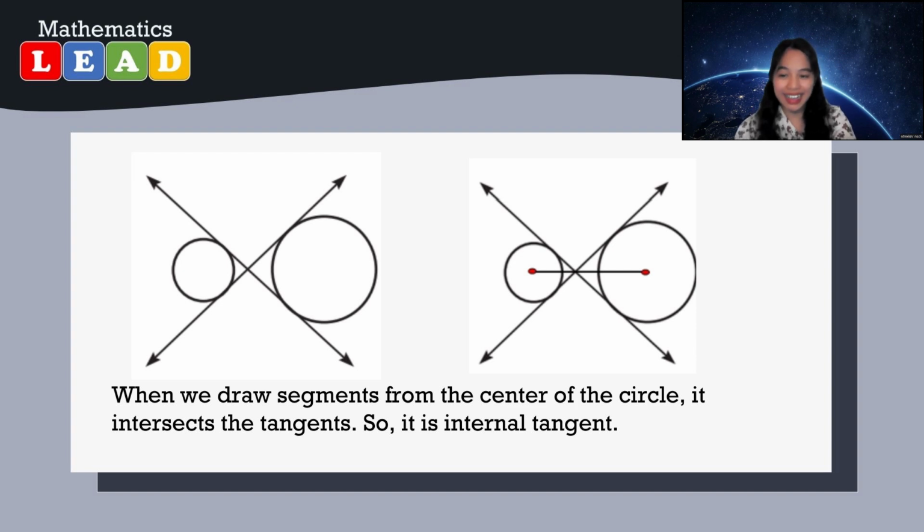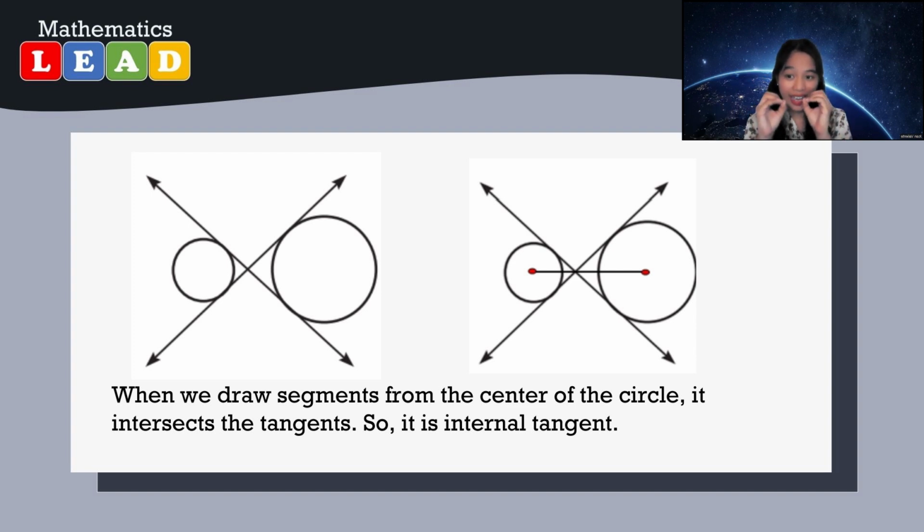Again, when we say secant, it intersects at how many points? 2 points. When we say tangent, it intersects at 1 point. And remember that there are two types of common tangents. When we say common tangents, there are two circles, and the line is tangent to these two circles.